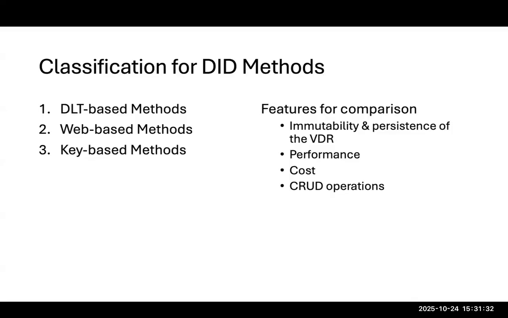Then performance. When you write and read on a DLT, read is super fast, but writing is very slow and costly. When you have a VDR that makes use of a database, it is exactly the opposite, no?